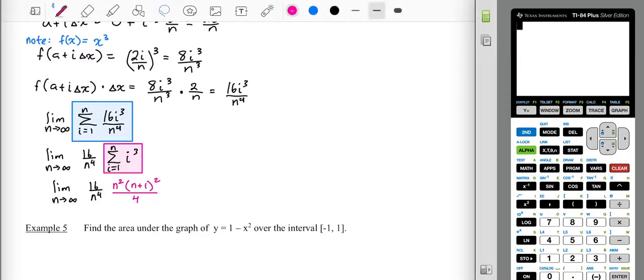Do a little bit of housekeeping here. n squared goes into n to the fourth n squared times. 4 goes into 16 4 times. We can distribute.